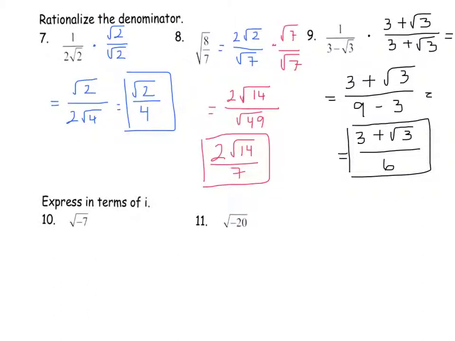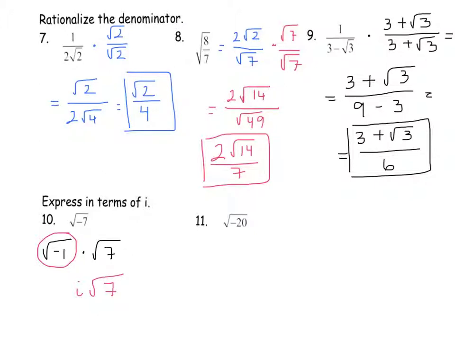On the next problems, the question is asking us to express in terms of i. So since I know that the square root of negative 1 times the square root of 7 gives me the square root of negative 7, and I know that the square root of negative 1 is i, so simply I can write i root 7.